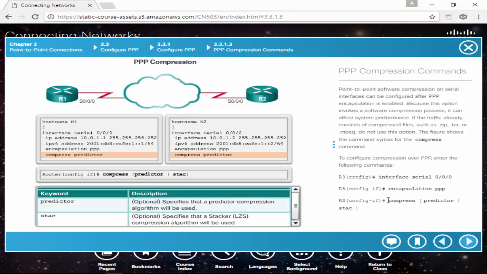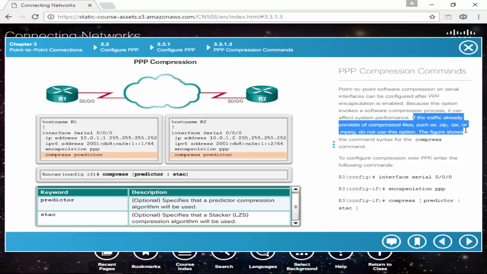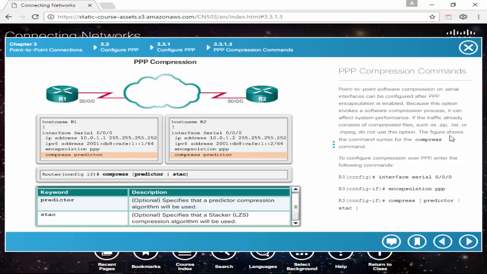How do we compress it? Right here. So, I don't know. You guys are not going to be tested on this, but you can use the compress command. And so what's probably important is if the traffic's not already compressed, like a zip, tar, or MPEG, it does not use this option. So let's see.